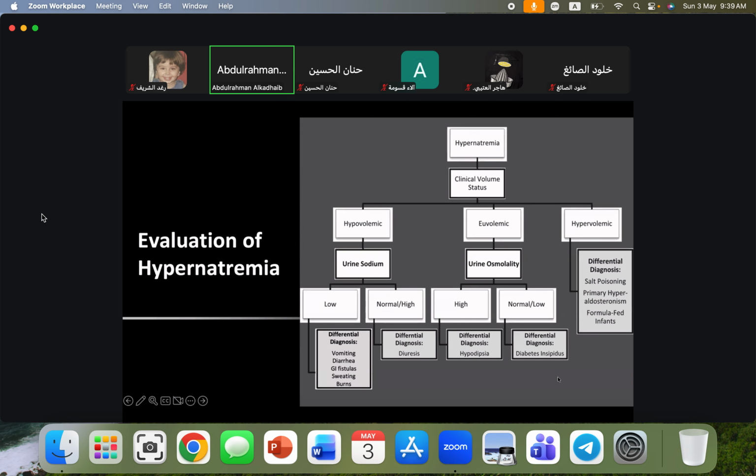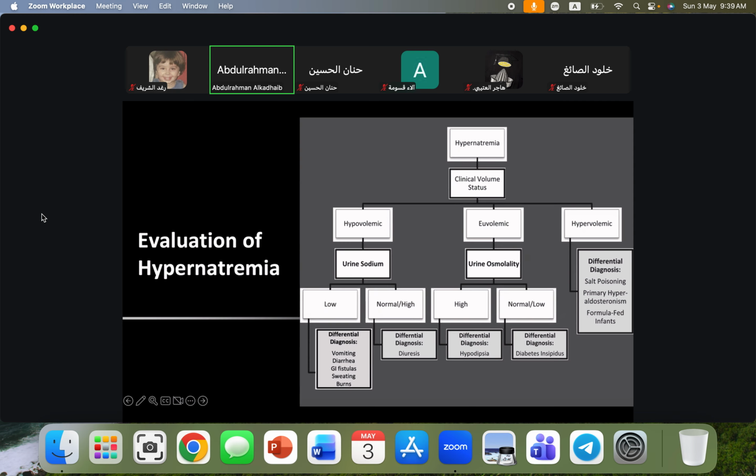And in contrast to the syndrome of inappropriate ADH secretion, we may see the opposite condition here, which is diabetes insipidus, in which the ADH level will be low, and this will cause dilution of the urine. This will cause further diuresis, but at the same time will cause euvolemia, or normal body volume, and hypernatremia.